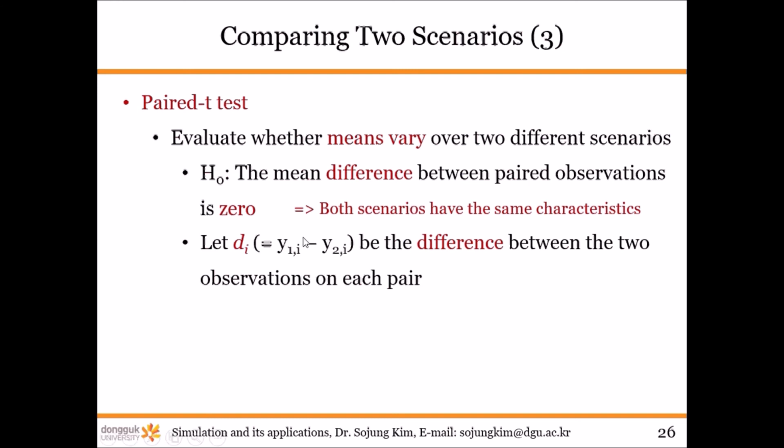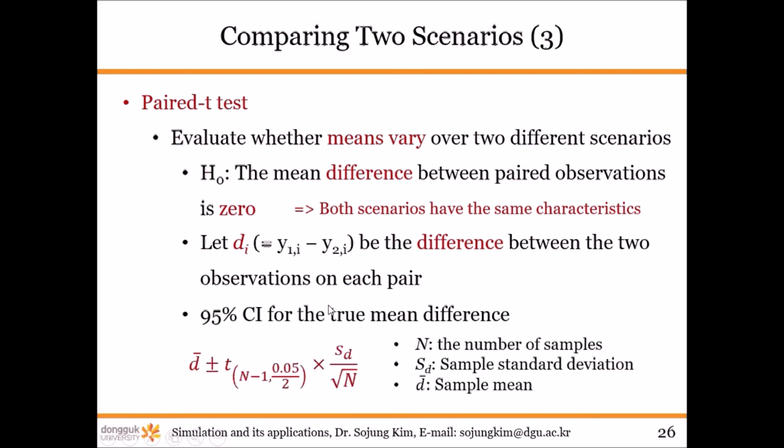So anyway, in order to conduct a paired t-test, let's say di is the difference between two observations on each pair, such as i. Okay, and this is an equation to calculate the confidence interval for the true mean difference. Once you have di values, you can calculate the confidence interval on di.